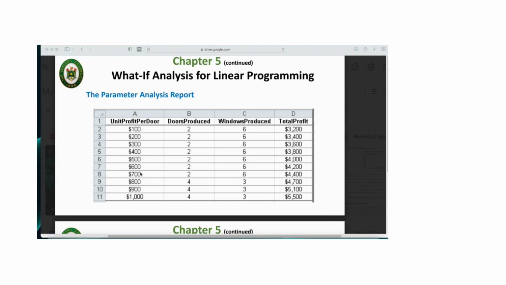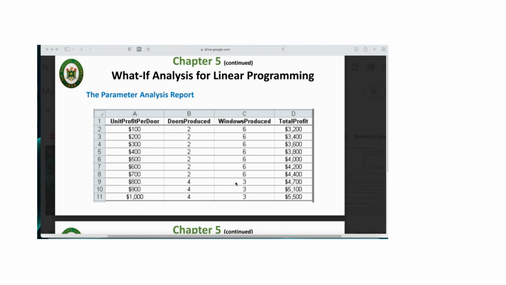So, to answer my question, changing this parameter from 300 to 800 changes the optimal solution. So the optimal of 2 and 6 is no longer optimal. The new optimal combination is 4 and 3, 4 doors and 3 windows.